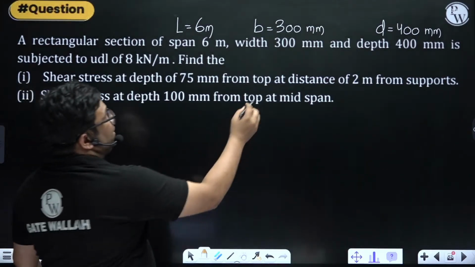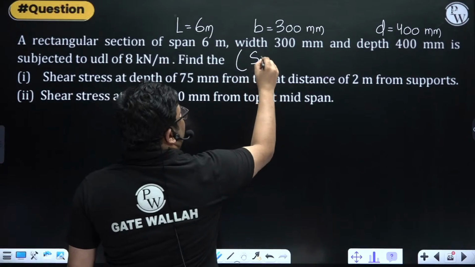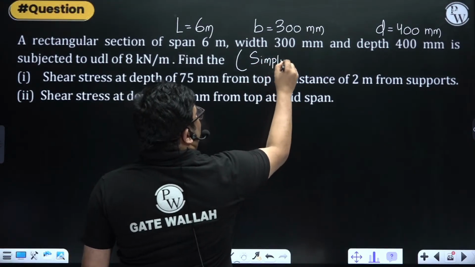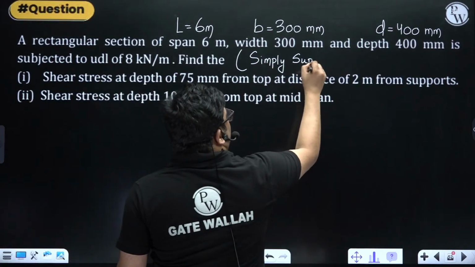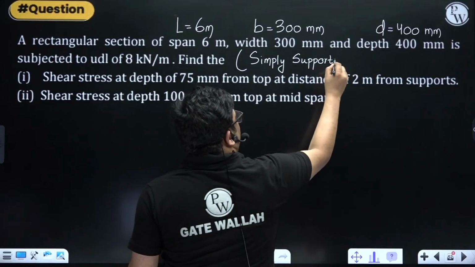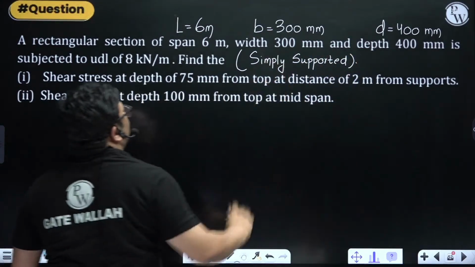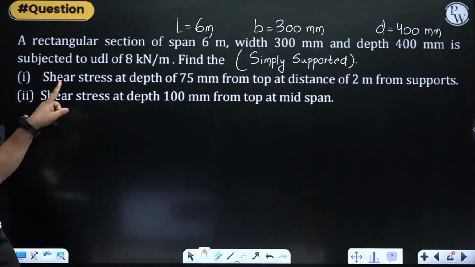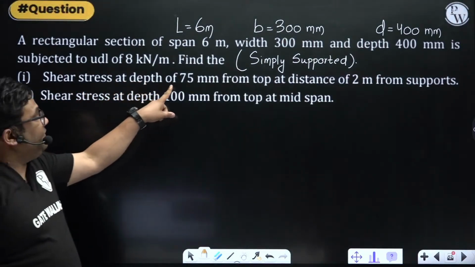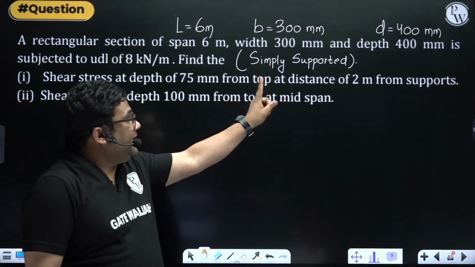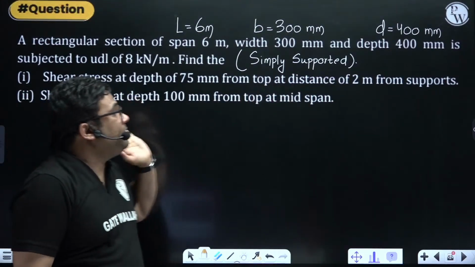Nothing is mentioned, so we can assume simply supported. Find the shear stress at 75 mm from the top at the distance of 2 meter from the supports.